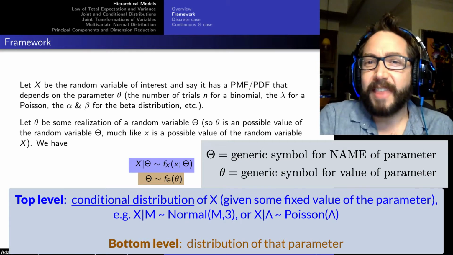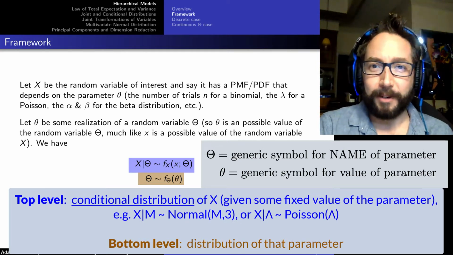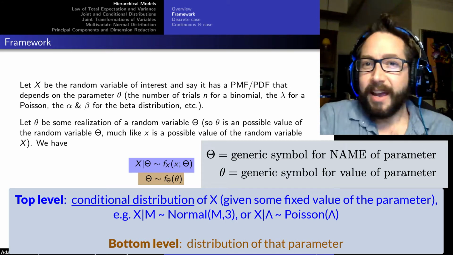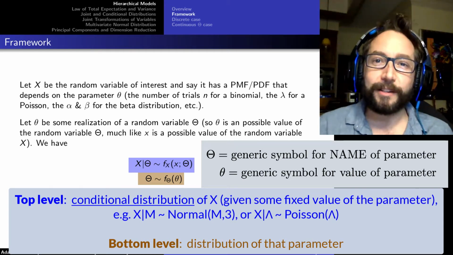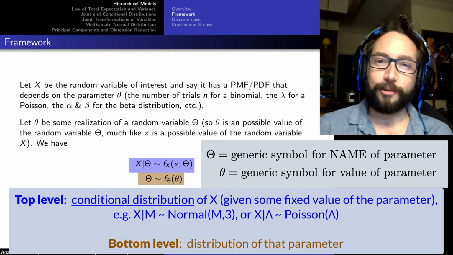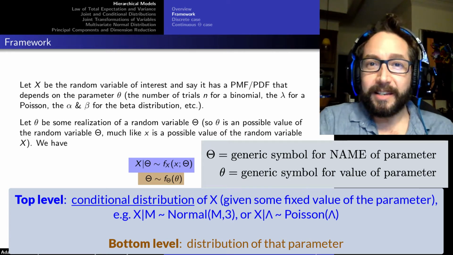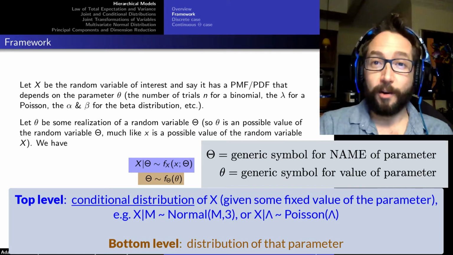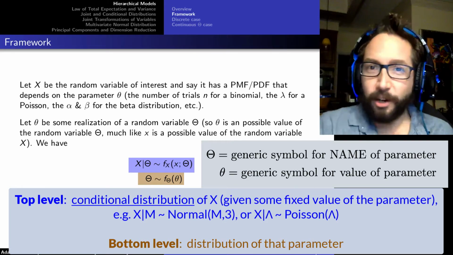So given theta, which is going to be our generic placeholder for some parameter that the distribution depends on, x given theta has a known distribution. So the conditional distribution of x, given that we're given a particular value of theta, is a Poisson, a binomial, an exponential, a normal, etc. But that parameter, theta here, is going to have a probability model of its own, so the second layer of that hierarchy. So that's our notation.